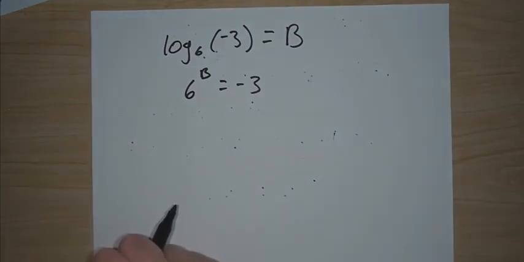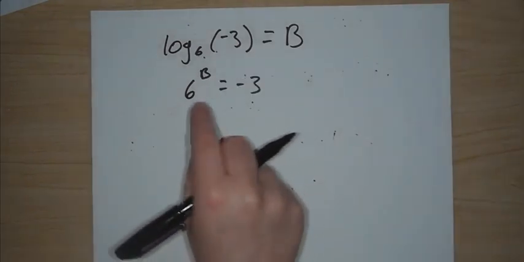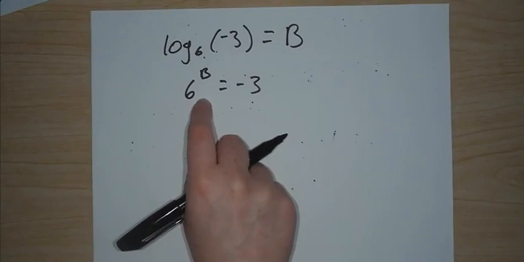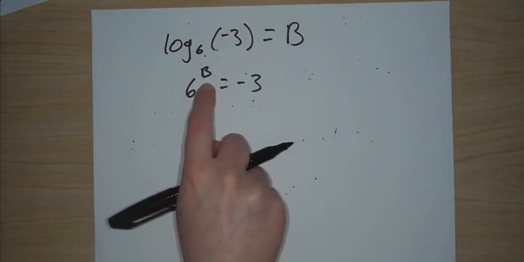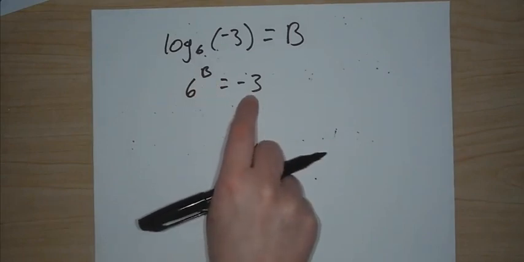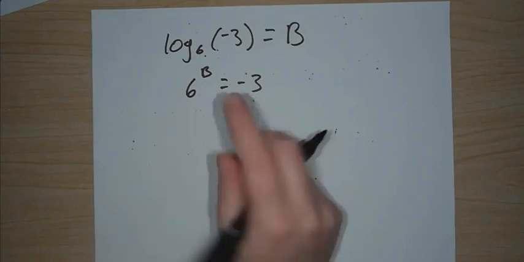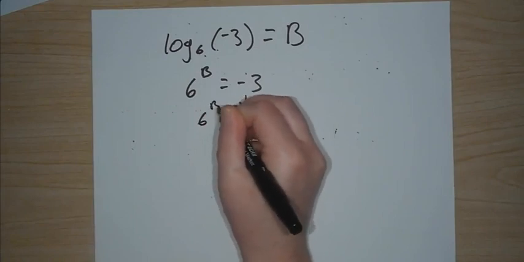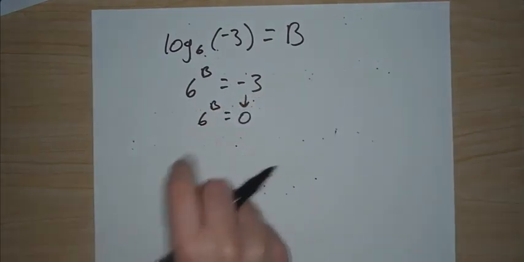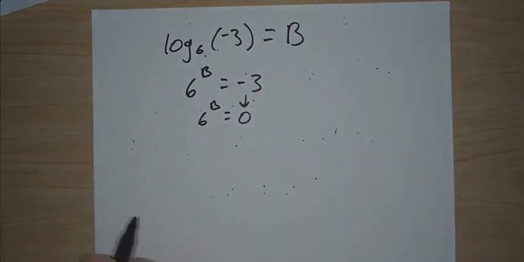If b is a negative number, it would just turn it into a fraction, if you remember your exponent rules. And if b itself is a fraction, it just means that this would get smaller, etc. So there's nothing that b can be to make this equal to a negative number or to 0. What I just said is the same if this negative 3 was a 0: 6 to the b is equal to 0. There's nothing this b can be to make this statement true.